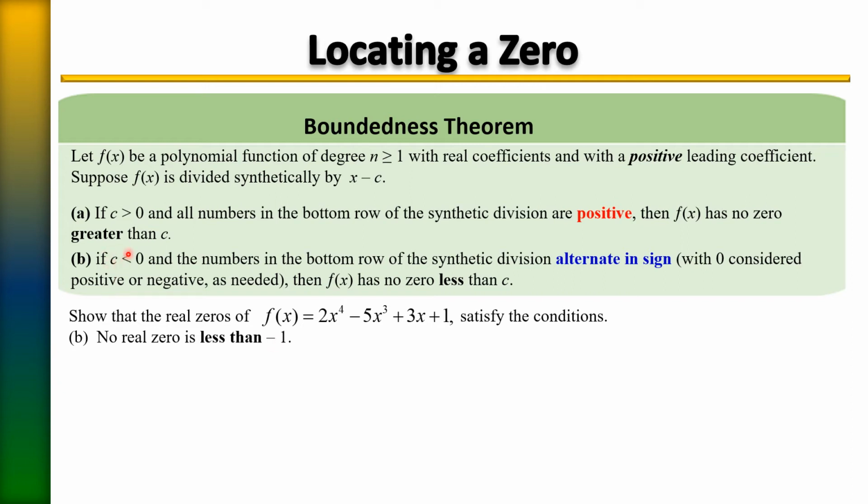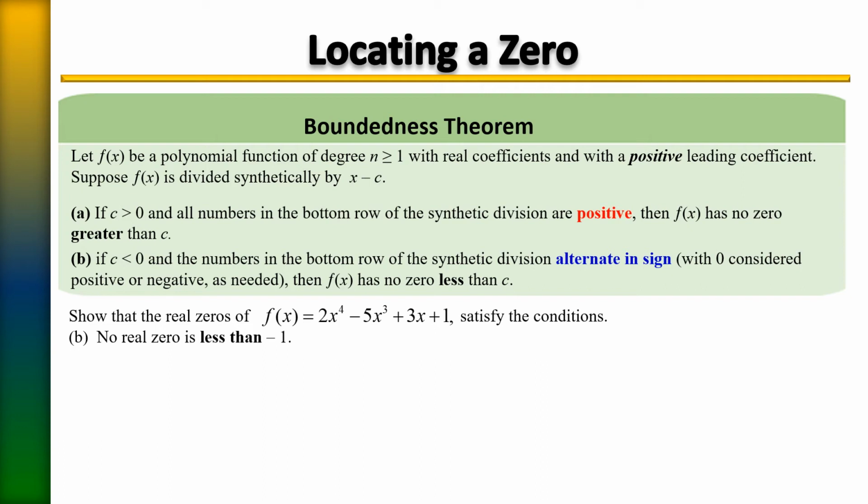When c is less than 0, it falls under this category, where we're looking at the bottom row alternating in signs. So let's do the synthetic division to see if indeed the signs will alternate and prove that there are no real zeros less than -1.